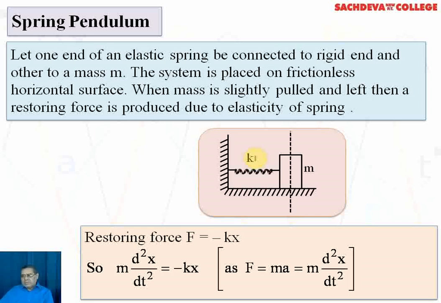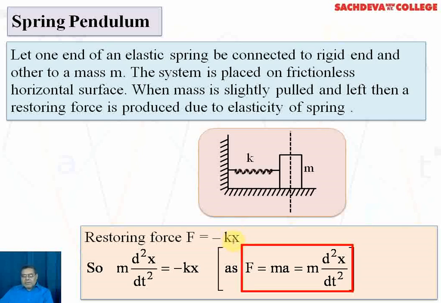Another thing we have to remember is that the cause of this restoring force is the elasticity and inertia of the medium. That is, every medium has elasticity and inertia, and that is the cause of generation of the restoring force. So, as I have explained earlier, restoring force F is equal to minus kx, where x is the horizontal displacement.